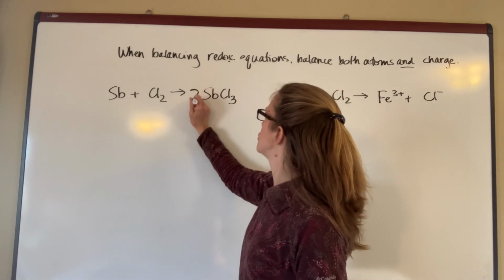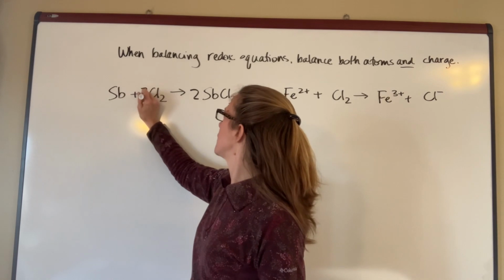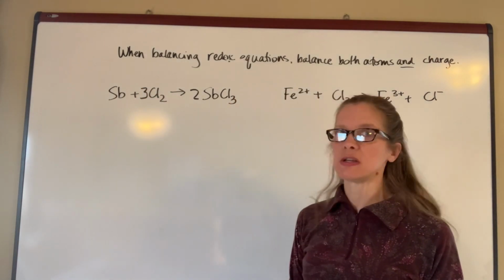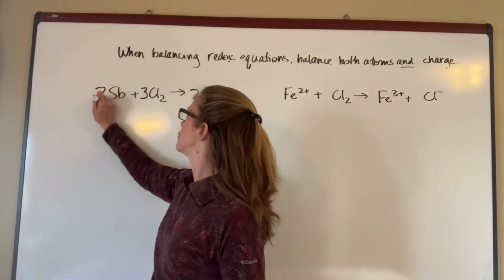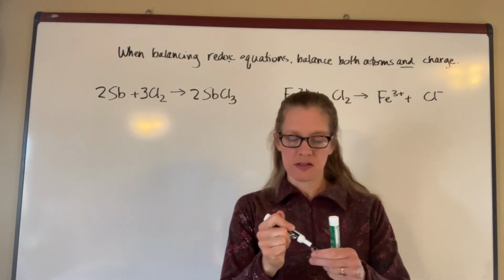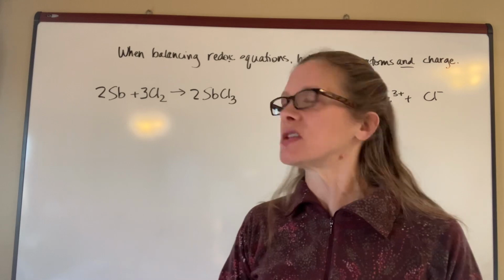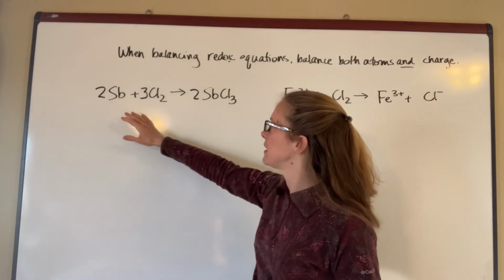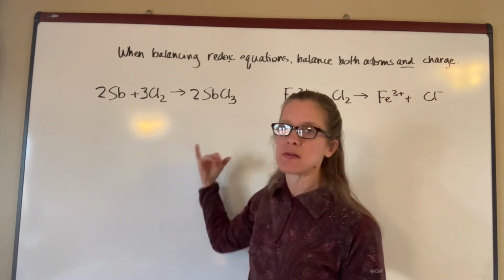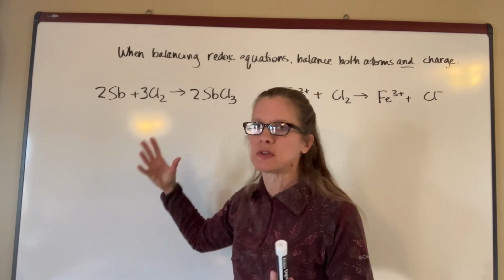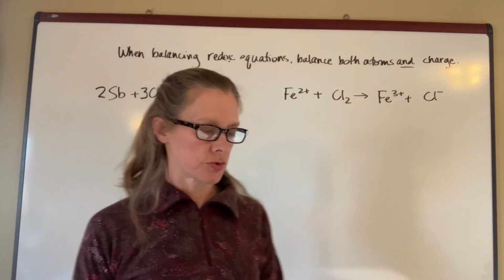So if I put a 2 here and a 3 here, I now have 6 chlorines on each side. And then if I put a 2 in front of the antimony, it's balanced. So that one, even though it is a redox equation, is not difficult to balance simply because the charge is already balanced on each side. So something like that, there's no issue with balancing those.